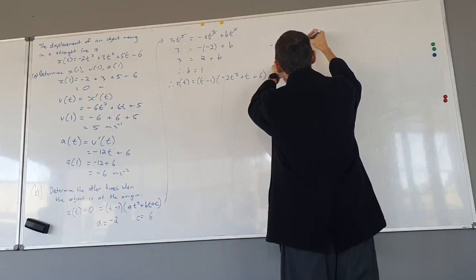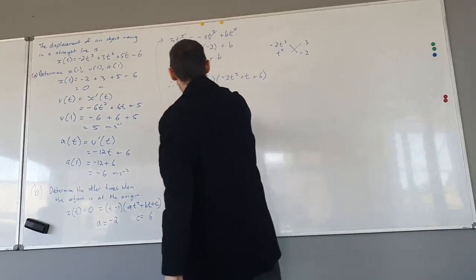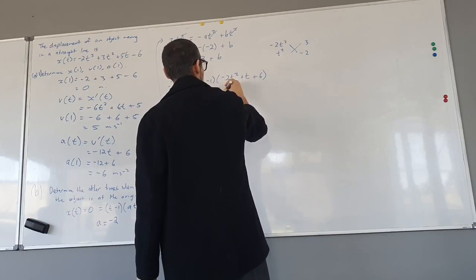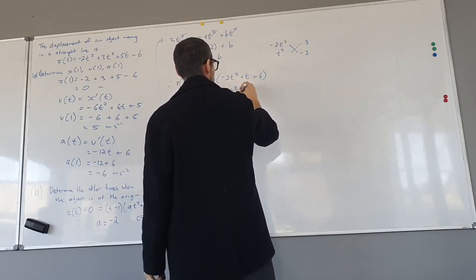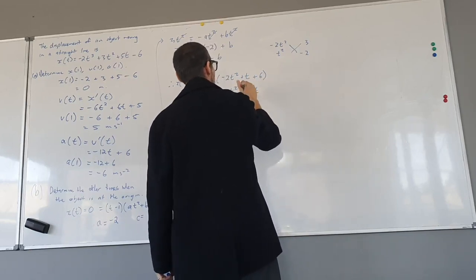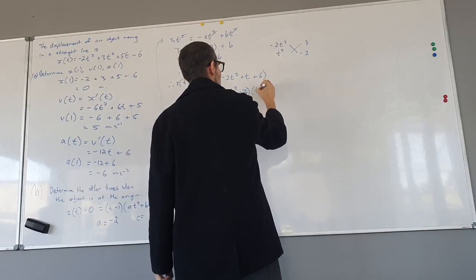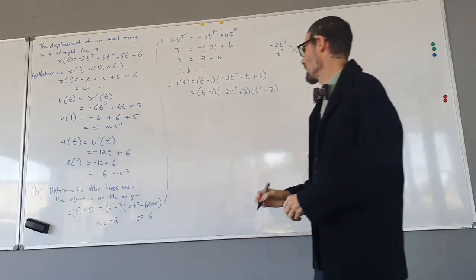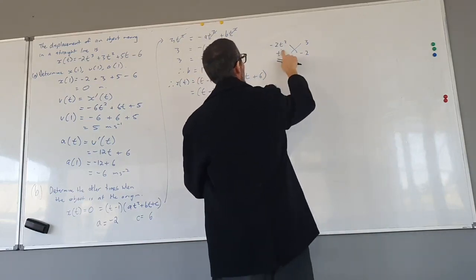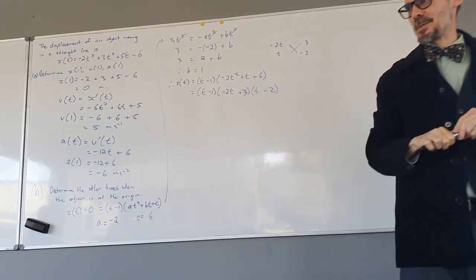So negative 2 and 3. T minus 1, negative 2t take 2, plus 3t take 2. They're both t's, not t squared. My fault. Is that what you got?